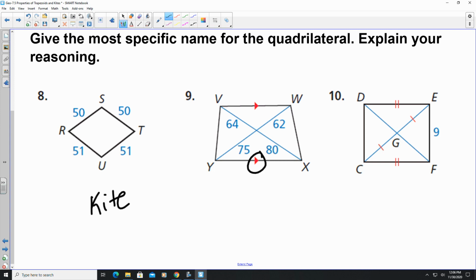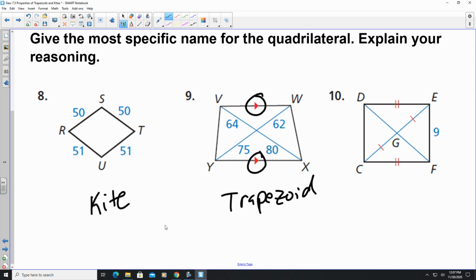And then they give us these two parallel line marks, and there's only one set of parallel lines, so this is a trapezoid. Over here, we have opposite sides that are congruent, and the only thing they tell us is one set of diagonals bisect.